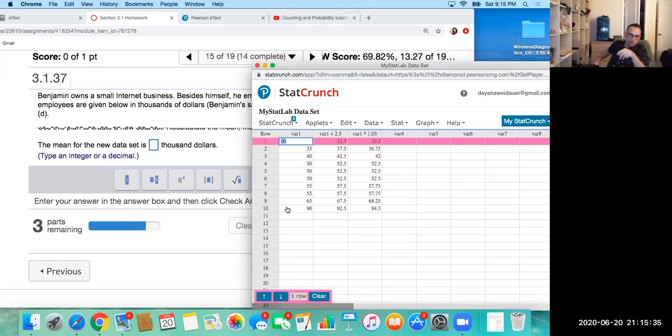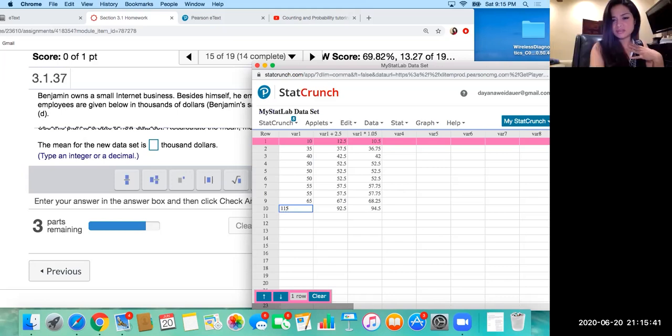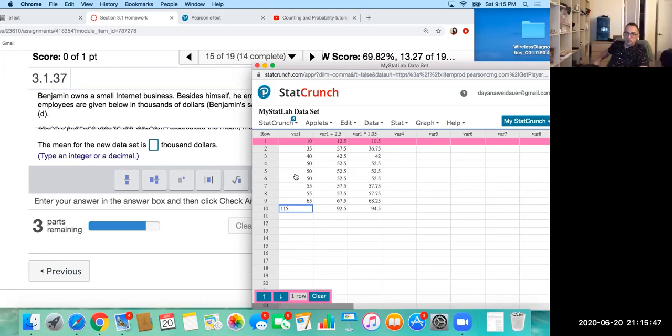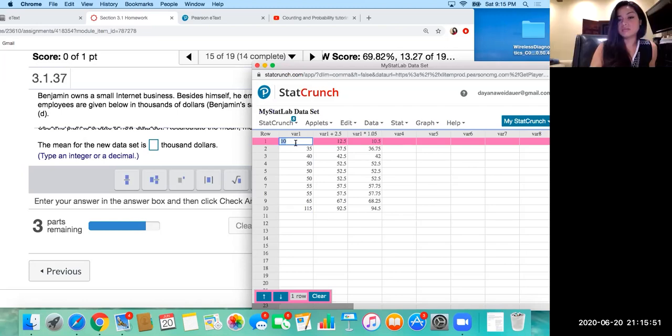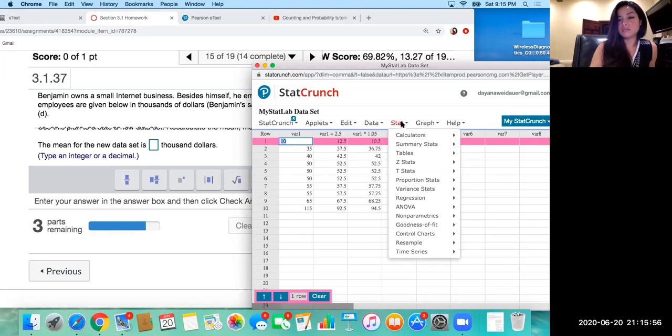So 115. 115, you said? Yeah, okay. Because I'm adding 25 to 90. Now I'm just going to compute this one. That's summary.